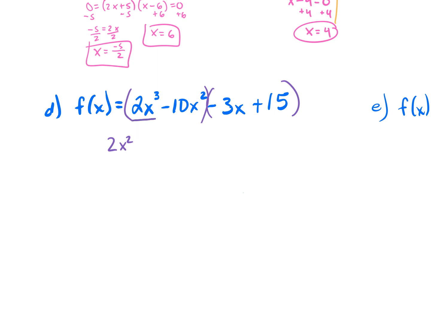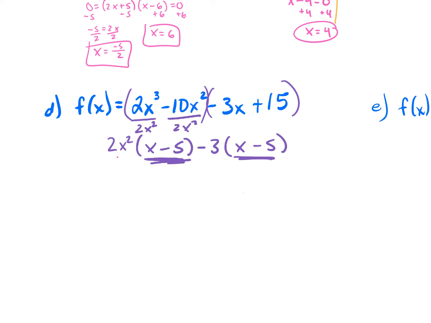When we divide both of these by 2x squared, we're left with x minus 5. And then I want to take out my greatest common factor from the second group, but I need that parentheses part to be the same. So I'm going to take out a negative 3. So I'm left with x minus 5 again. So I want these two to be the same when we're factoring by grouping.